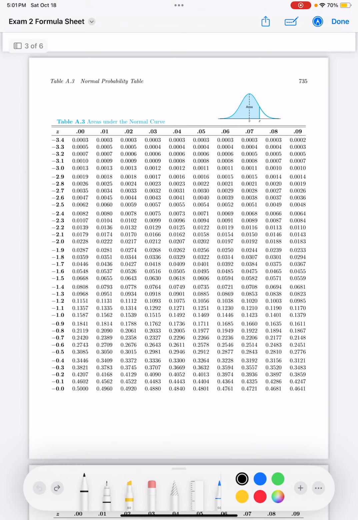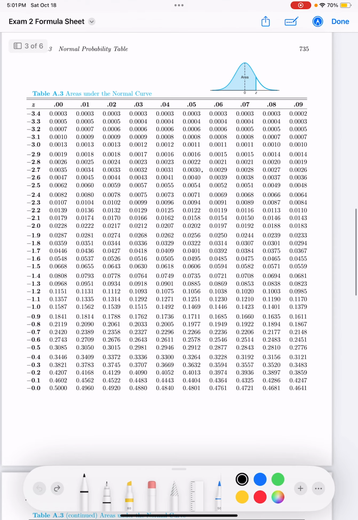There we go. So we can look through these numbers, and let's see where it is. There we go. So we have 0.025, and so our z value here is 1.96.